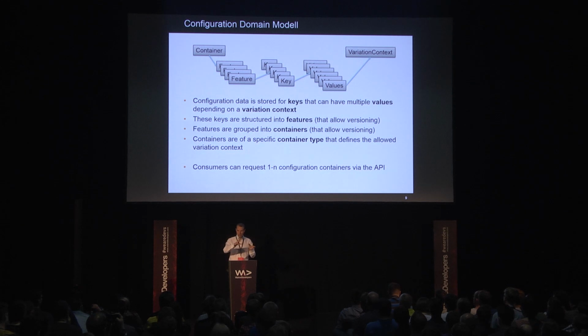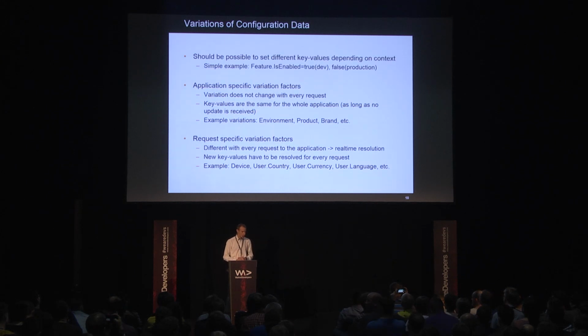These keys are then structured into features and containers that allow us to version them explicitly and to address permissions and other things based on it. The consumers then request the configuration based on these containers from the different APIs, depending on their needs via the pull or push concept.